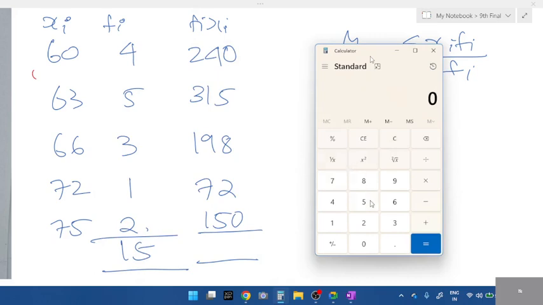It's 950. Let us check. 950. I think it is 5 in the last. Delicia's answer. Okay. I think Delicia's answer might be correct. Amy, check the values. 240, is it correct? 315 is correct? No, check fi xi values. Is 240 correct? Yeah.